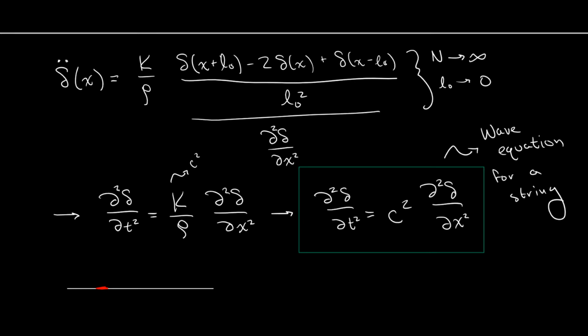So this is sort of this idea that if I have a field, which in this case a string is a field, all it is just an infinite number of coupled harmonic oscillators infinitely close together. That's all it is. So I'm going to take a quick pause here. The last thing I want to do is solve this.